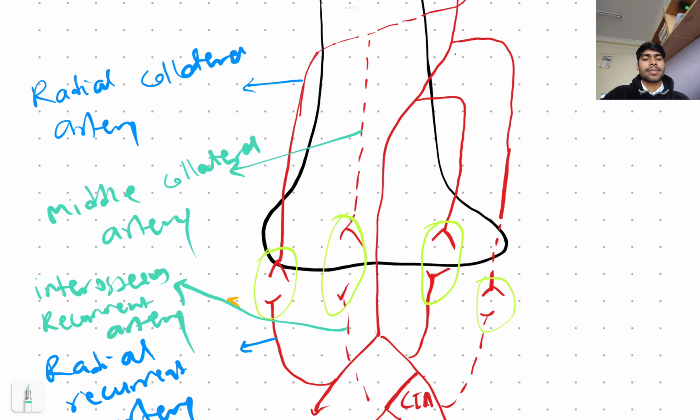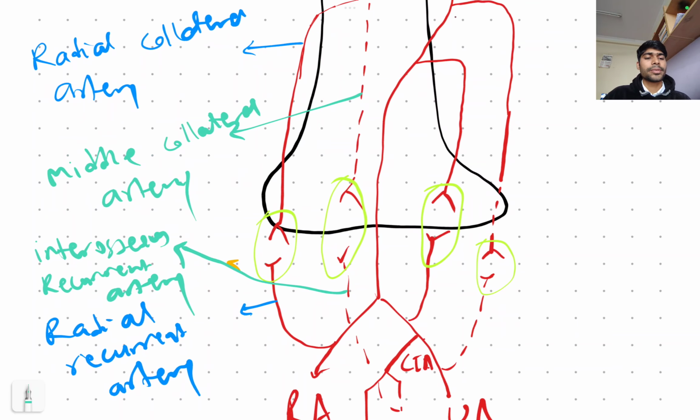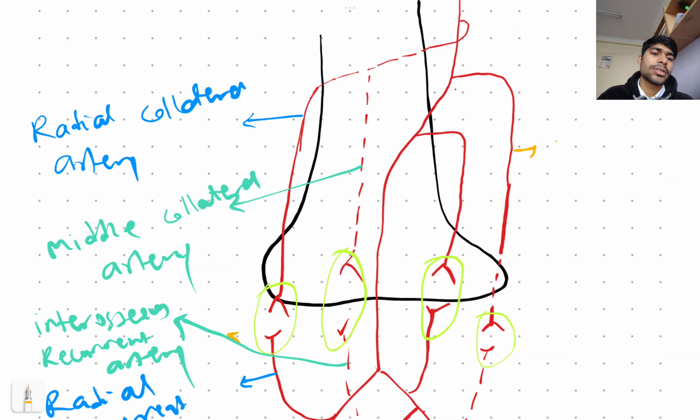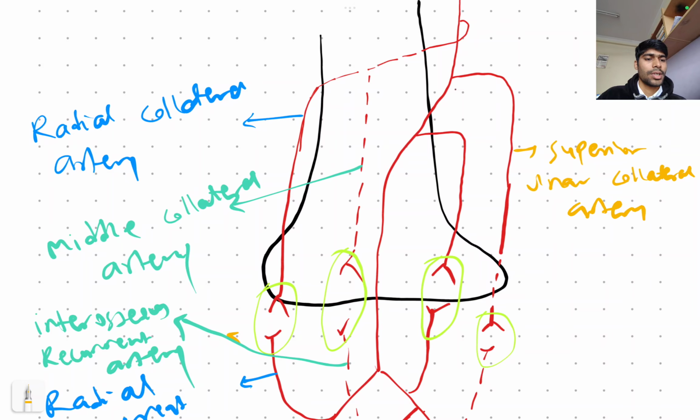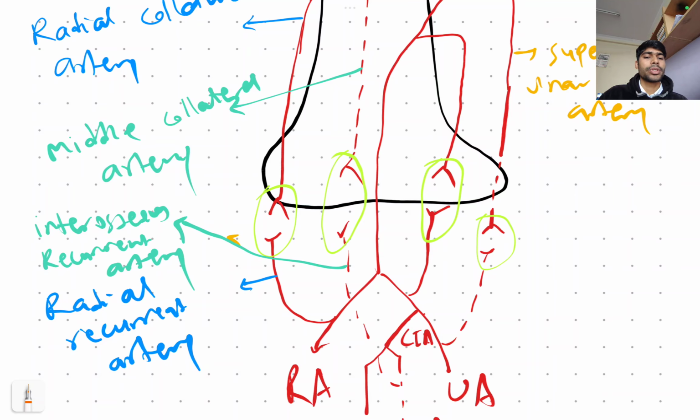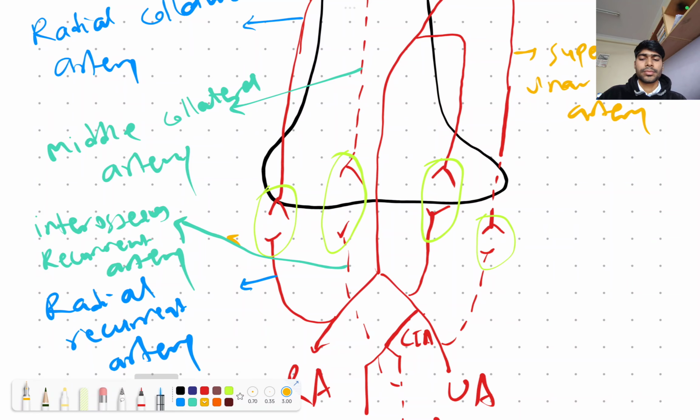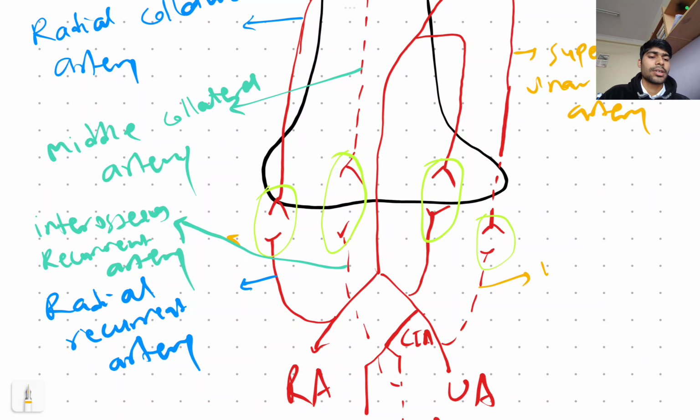Alright, so this is for the right side. And then the next one was the superior ulnar collateral artery, and this forms an anastomosis with the posterior ulnar recurrent artery.